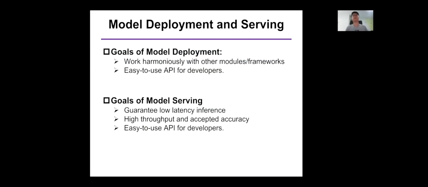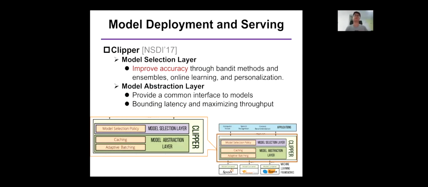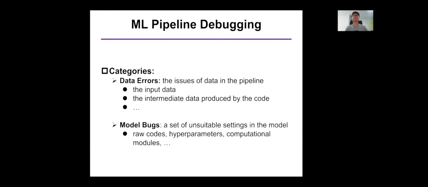And the goal is to guarantee low latency and high throughput and an easy-to-use API. And Clipper provides a low latency online prediction serving system. It decouples the application and models. And there is a model selection layer to improve the accuracy and a model abstraction layer to provide a user-friendly interface and bound the latency and the throughput.